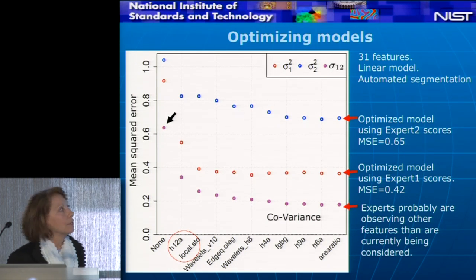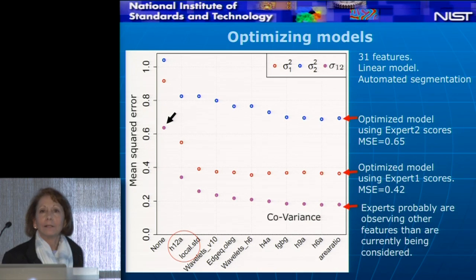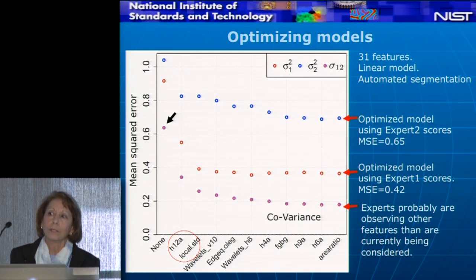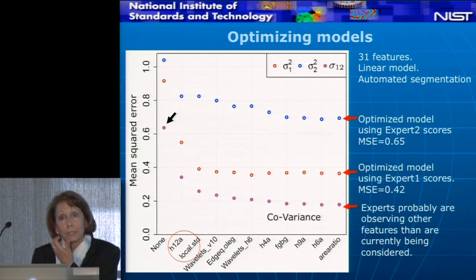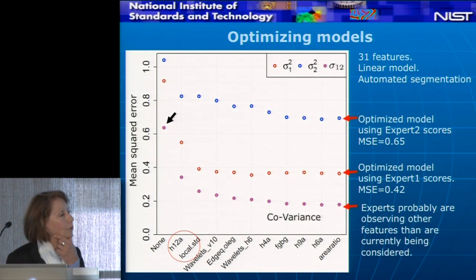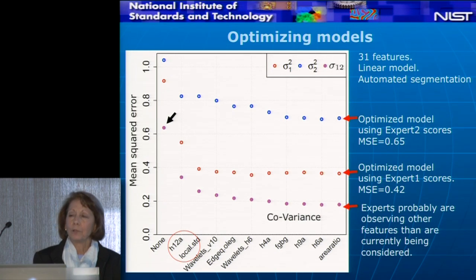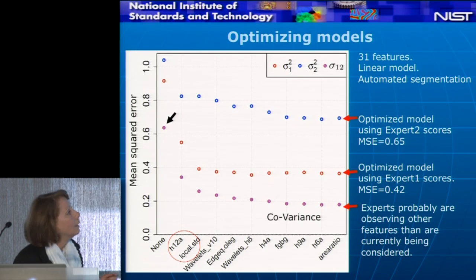And so this was kind of interesting because it says that our two experts are not equivalent to one another. One expert is actually probably more consistent than the other expert. So that was a very important thing to see, that choosing the basis on which you are going to base your training set is going to be a really important decision.